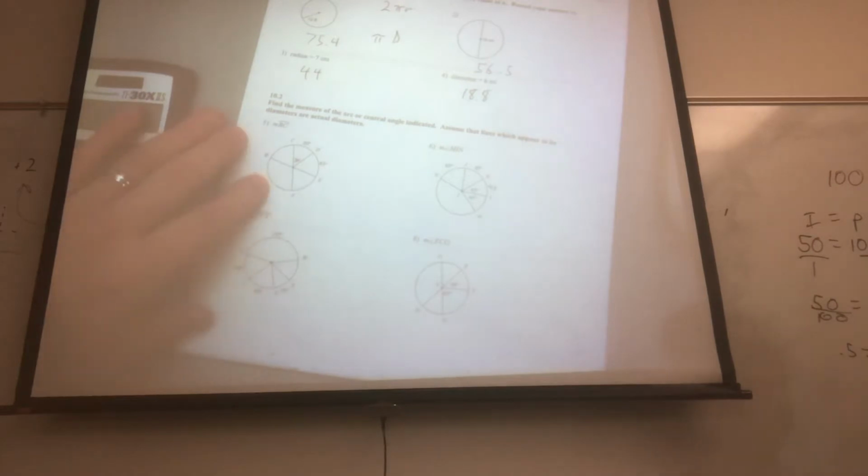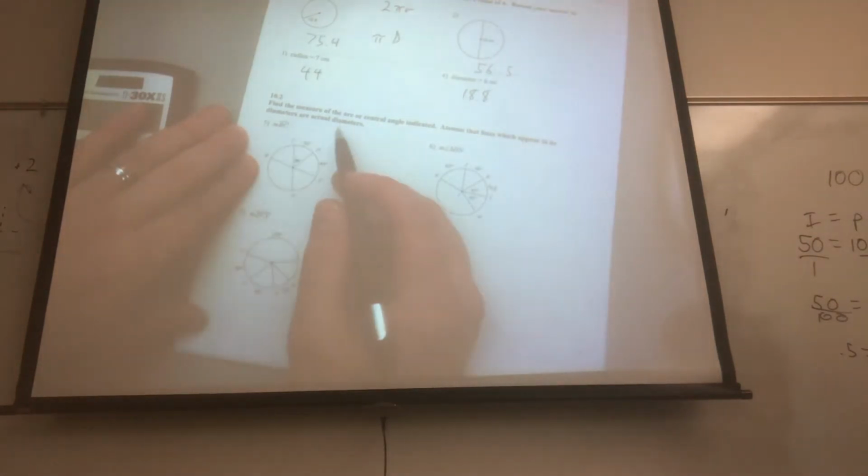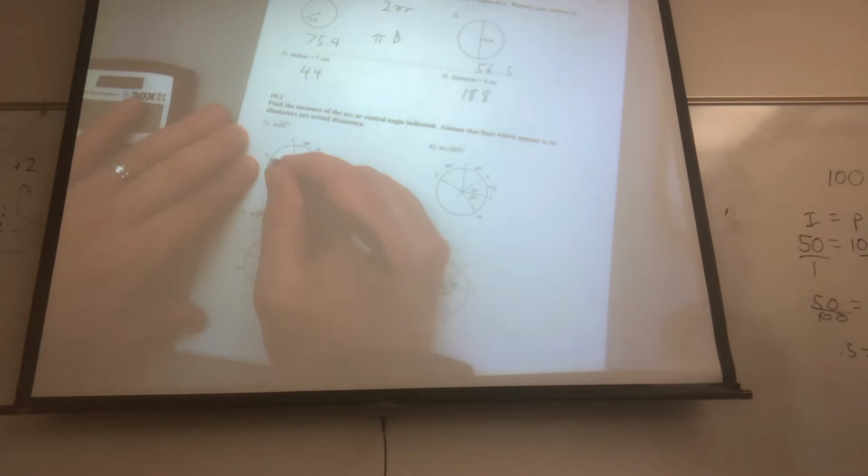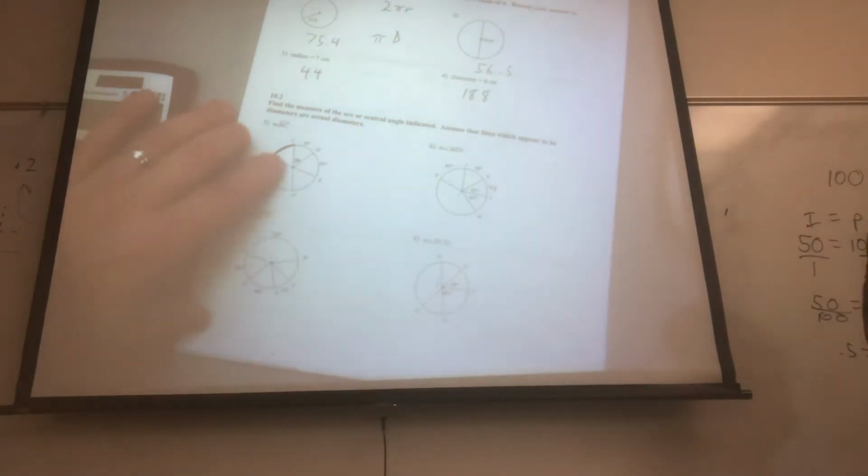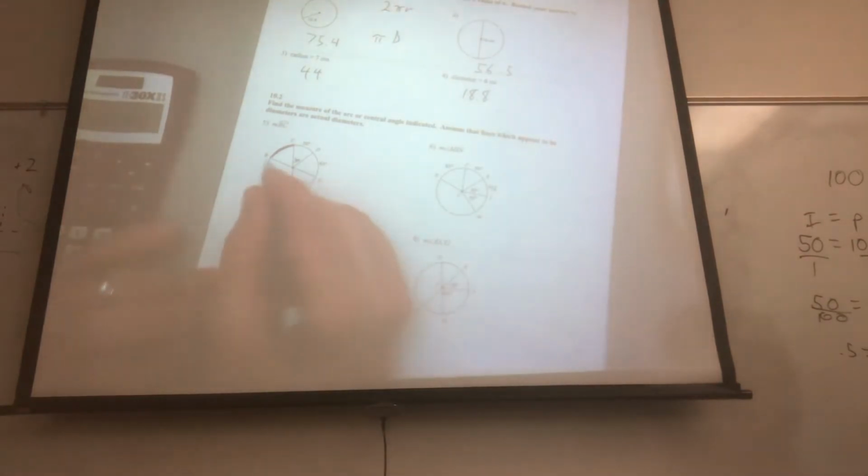So what they're going to do here is say, okay, you need the arc BC. Well, here's arc BC, and we have no idea what the angle is. They didn't give us the vertical angle or the arc for the vertical angle over here. So we have to do a little bit of math. This is a diameter. It goes through the center. It's a straight line.